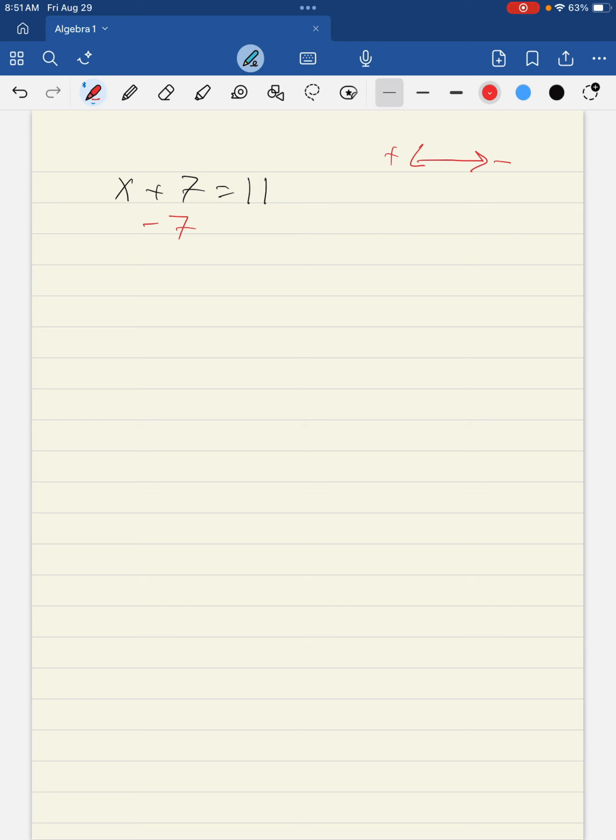Now, what I do to one side of the equation, I have to do to the other. The equal sign really separates the sides. So what I do to one side of the equal sign, I have to do to the other. Boom. Okay. And doing this keeps the equation balanced, right? What does balance really mean?